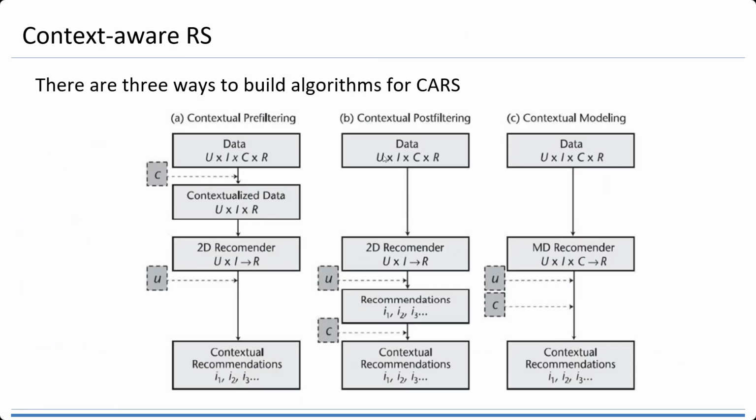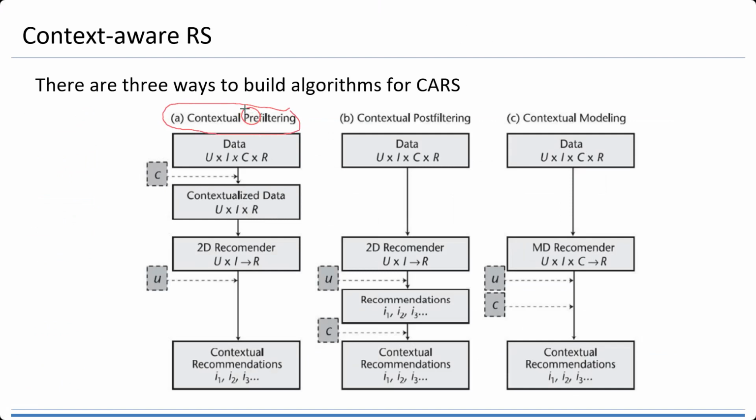In the context-aware recommender system, there are three ways to build the algorithms. The first way is contextual pre-filtering. Pre, you know the word pre? Pre means before.